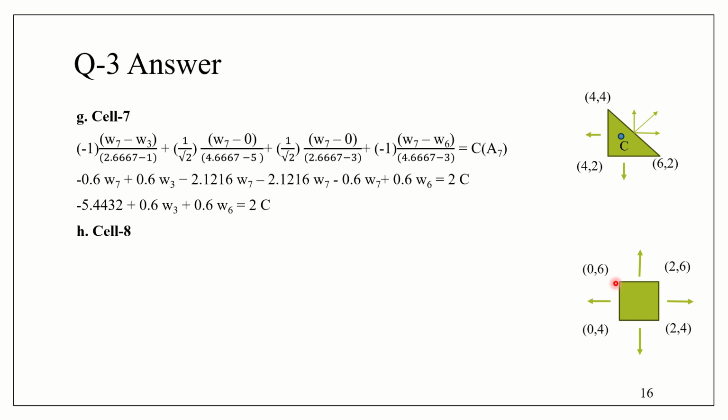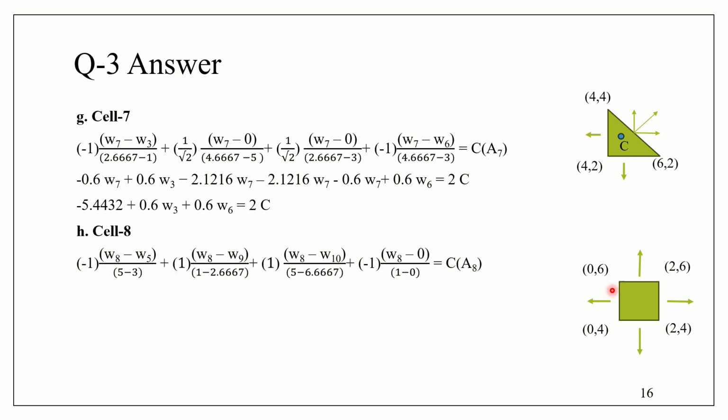In the 8th cell again we need to discretize it. It is at the top of the 5th cell and the left side of the 9th cell. So here we are doing W8 minus W5 divided by 5 minus 3.